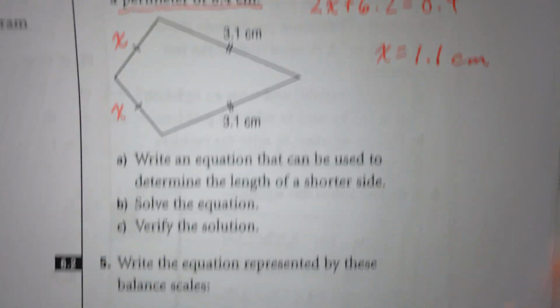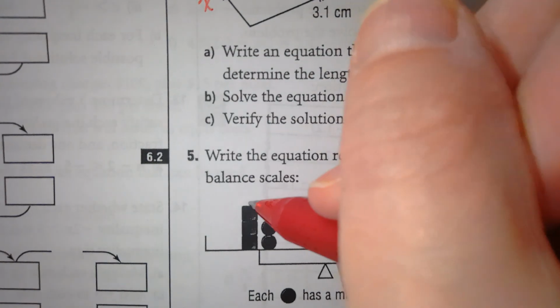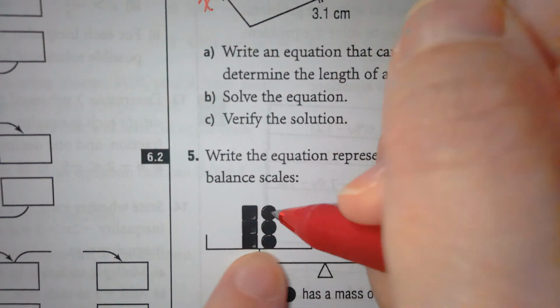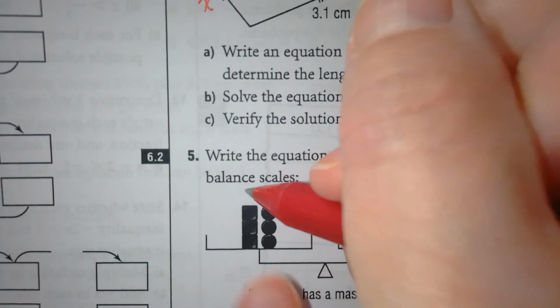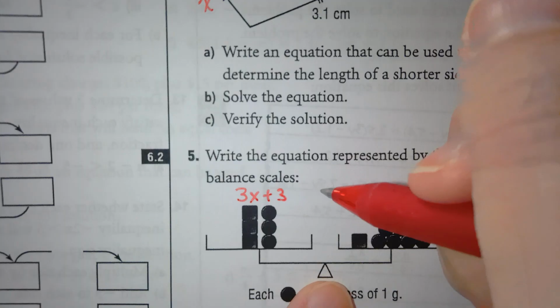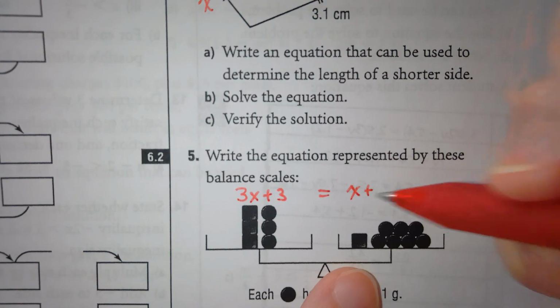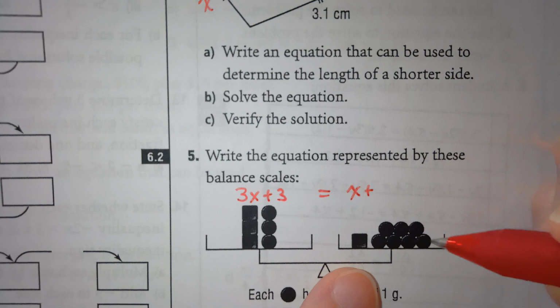Right. Okay. This one right here, if these are x and these are just ones, on the left side, this will be 3x plus 3. It's a balanced scale, so this is equal. And then on the right side is x plus 1, 2, 3, 4, 5, 6, 7.